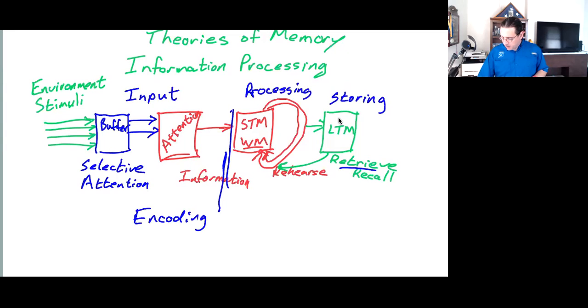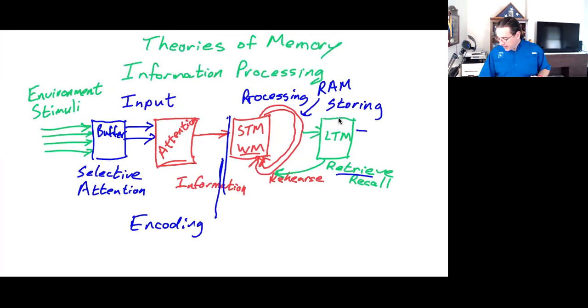We have our short-term RAM, which is random access memory, which describes the rehearsal process. They're little microchips that store information and cache it for very short periods of time as we're using it. And then we have our hard drive storage, which stores it more permanently until it needs to be overwritten.